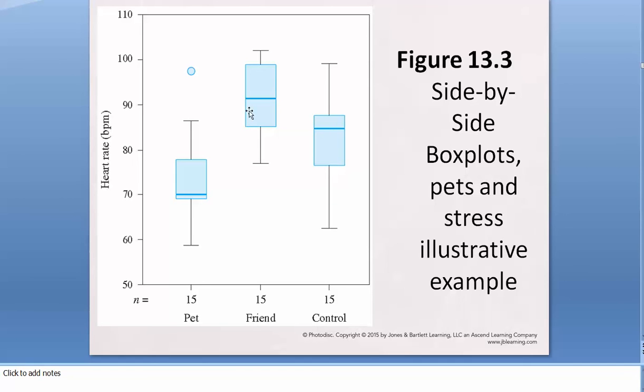Now, from means using summary statistics, we knew that there would be a difference, with heart rate being the highest for the friend group, right? Even with the median, you can certainly see the same story. Even if you compare medians. Okay, so we are just trying to get a bigger picture with all these different tools that we have.